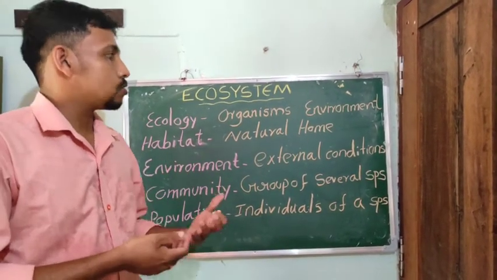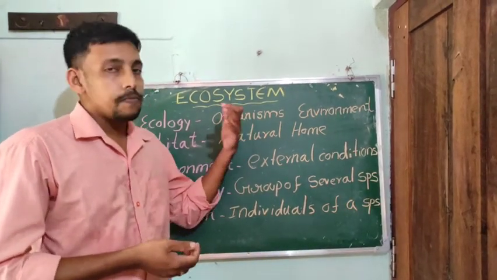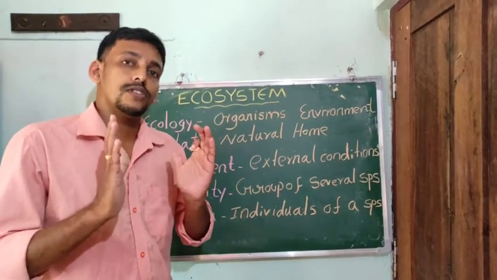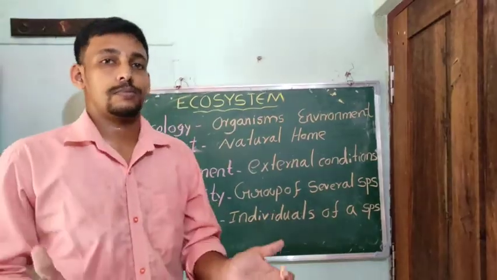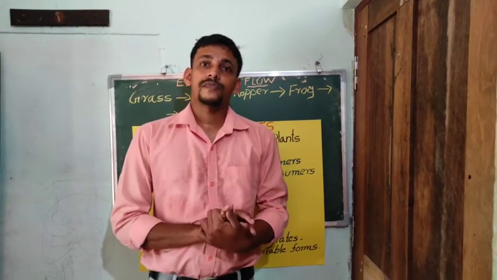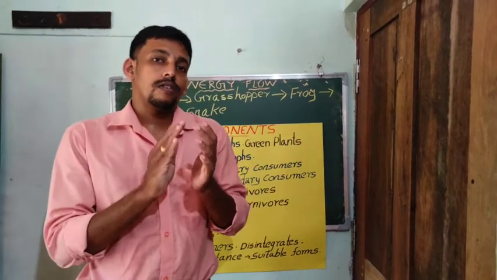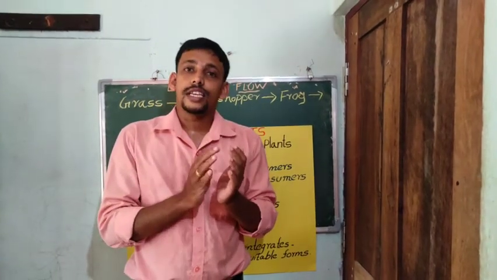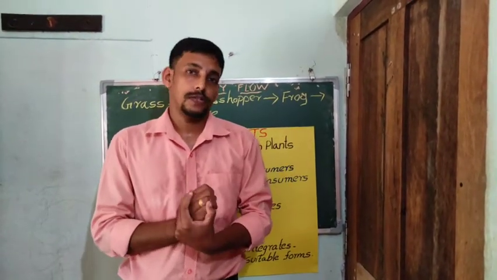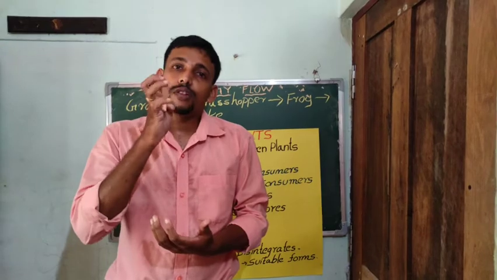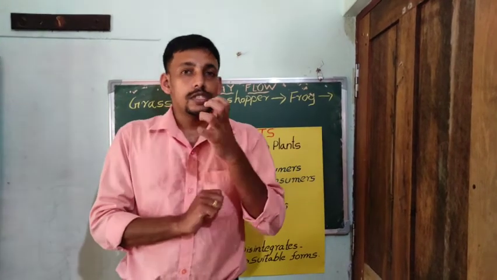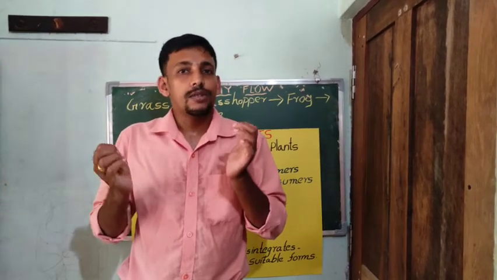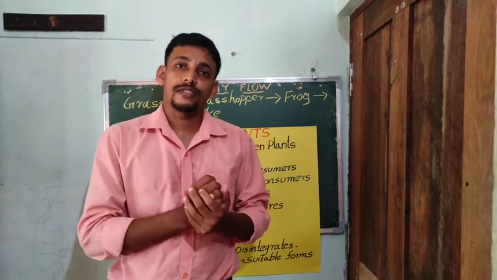So now we are moving to the components of the ecosystem. Okay, now let's know about the characters and the components of the ecosystem. One of the most important characters of an ecosystem is that there is interaction between the organisms.